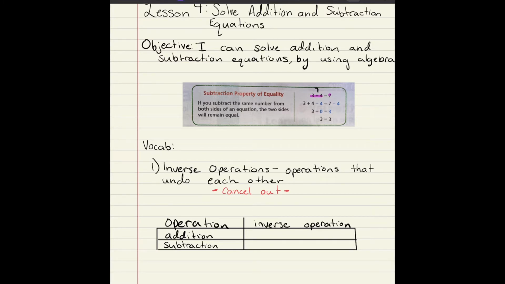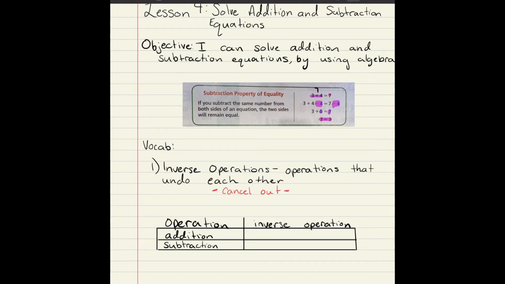So according to this rule, if we subtract 4 from 3 plus 4, which would be 3, and we did that to the same thing on the other side, so we did 7 minus 4 gives us 3, it's still equal.